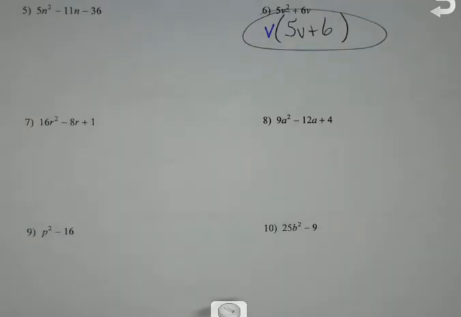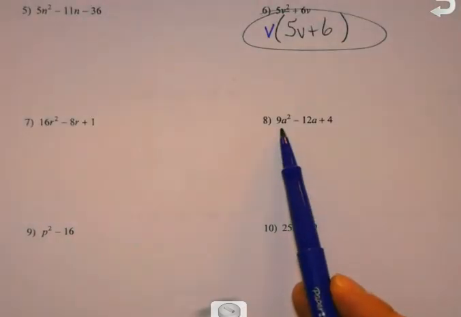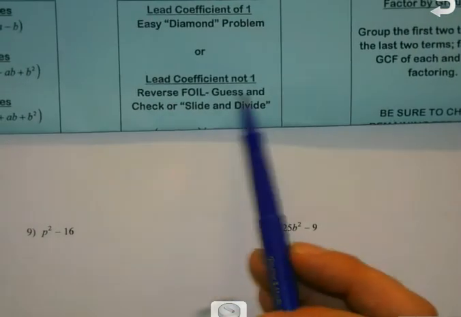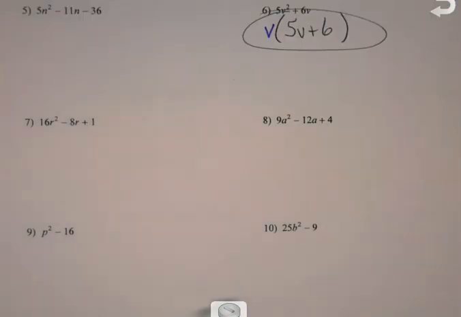Well, I have options. I have 3 terms here. Nothing was in common. Okay, is my lead coefficient 1? No. So here I can guess and check, or I can go to slide and divide. That's an option. So one of my options would be to slide that 9 down.